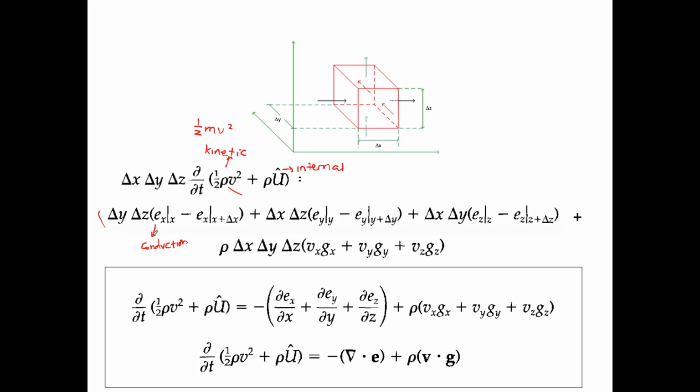Okay, so the area that is perpendicular to the direction of conduction, which is equal to delta y multiplied by delta z.